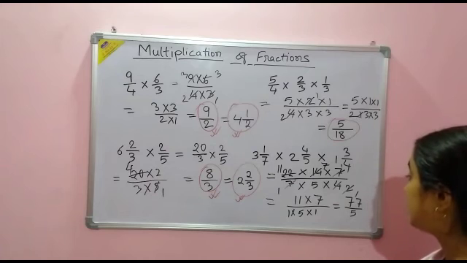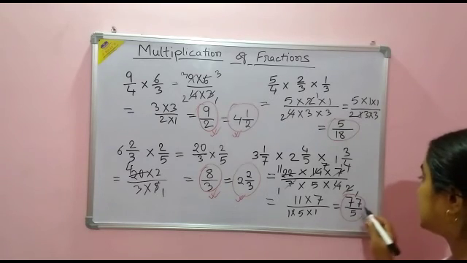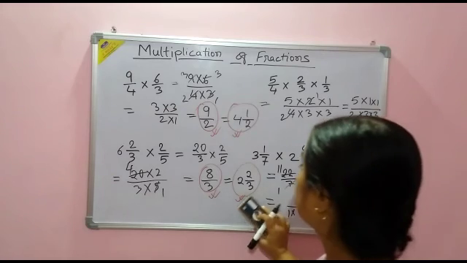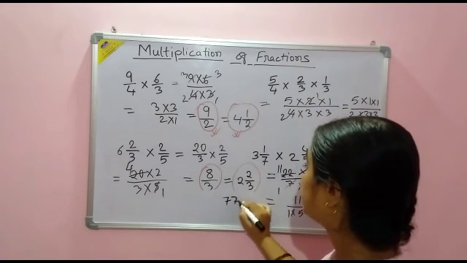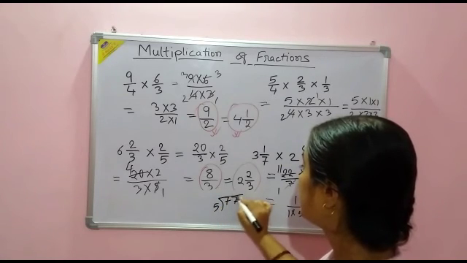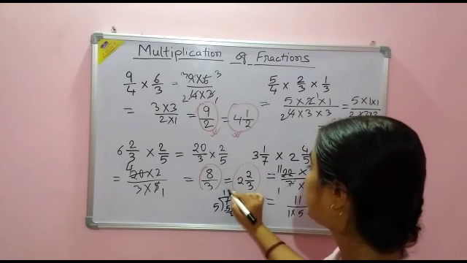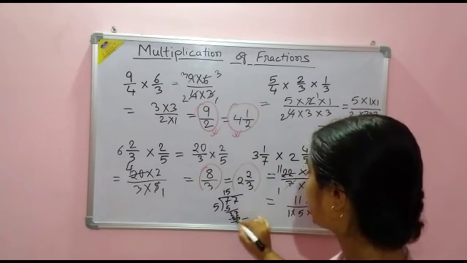Yes? So now we will convert the answer into a mixed fraction. This is an improper fraction. Now convert it into a mixed fraction. 77 by 5, divide the number 77 by 5. What do we get? 5 ones are 5, 2 and 7, 5 fives are 25, 2.